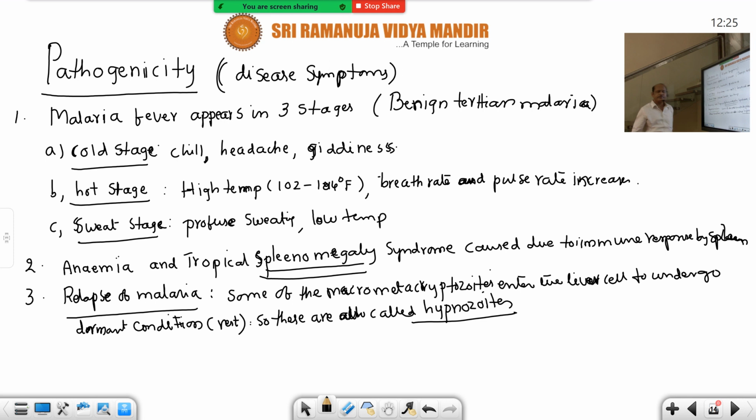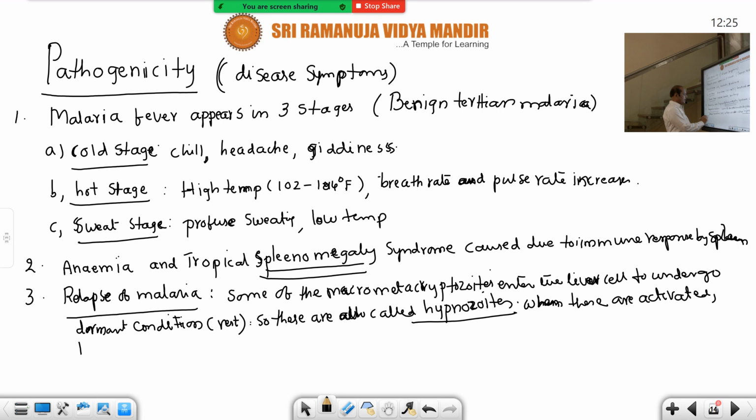So when these hypnozoites are activated, that is a problem. Sometimes these are activated. Already in the inactive state they are in the liver cells. When they are activated, what happens? They attack the RBC again to produce merozoites. This is called relapse.